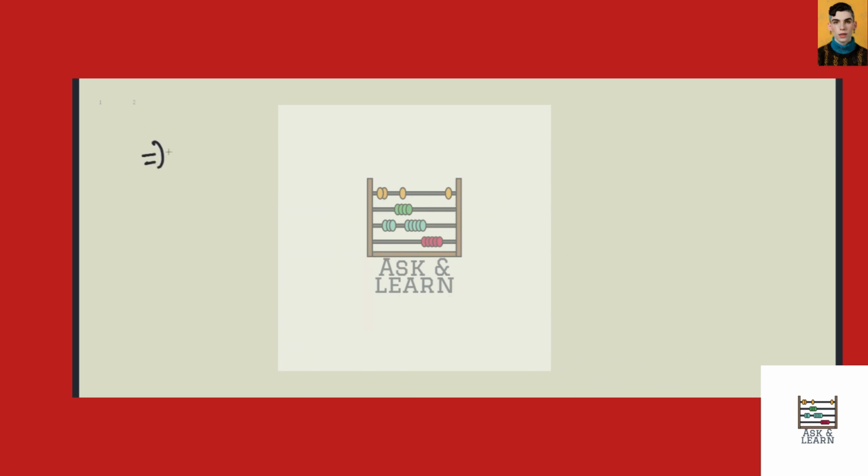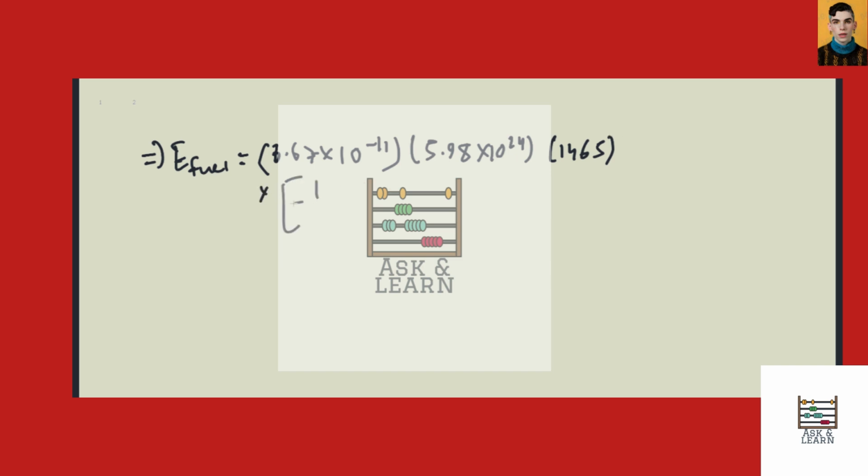Awesome. So we have E fuel equals G, which is 6.67 times 10 to the -11 in SI units, times mass of the Earth, 5.98 times 10 to the 24 kilograms, times mass of the satellite, 1465 kilograms, times 1 over radius of the Earth, 6.38 times 10 to the 6 meters, minus 1 over 2 times radius of the Earth, 6.38 times 10 to the 6, plus the height, 1.375 times 10 to the 6 meters.